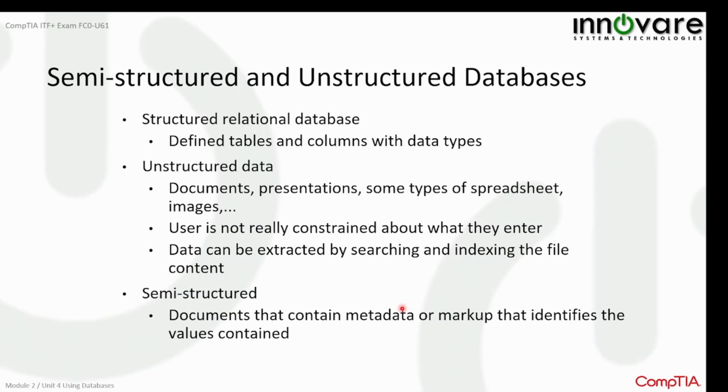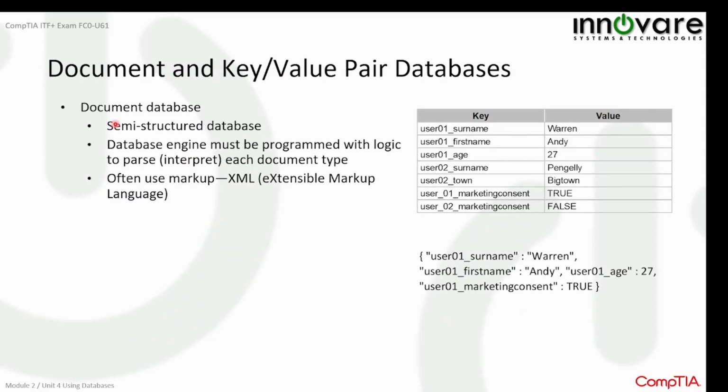These are unstructured or semi-structured documents where it requires a program with logic to interpret the document type. An example is XML. For example, on the screen on your right, this is a key and value pair type of database.